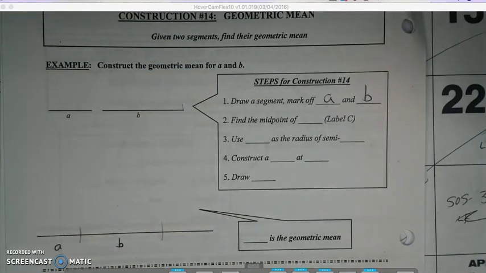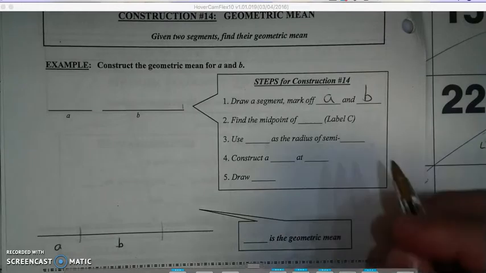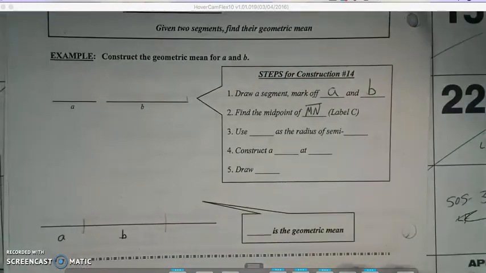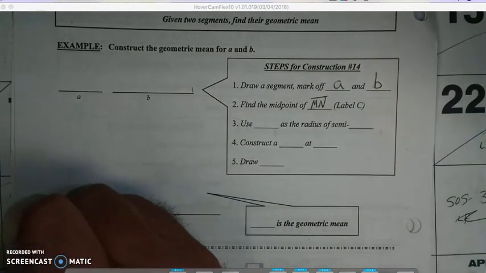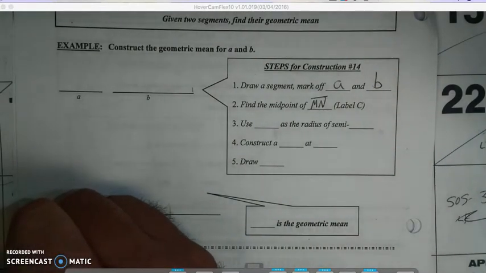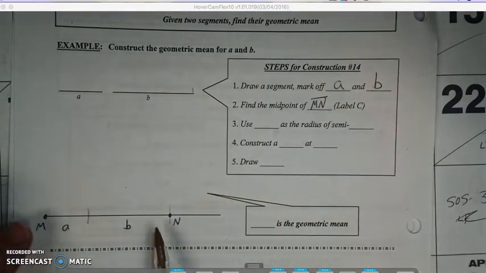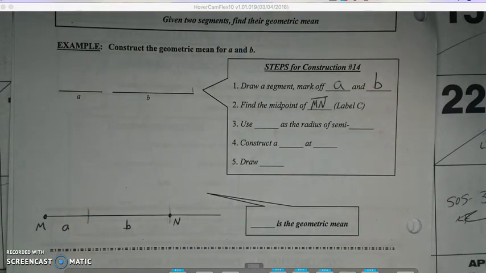Once you mark those off, we have segment A, we have segment B. We're going to find the midpoint of the segment we just made, and we're going to call it segment MN. A plus B, this segment is segment MN. We have to find the midpoint of that segment.